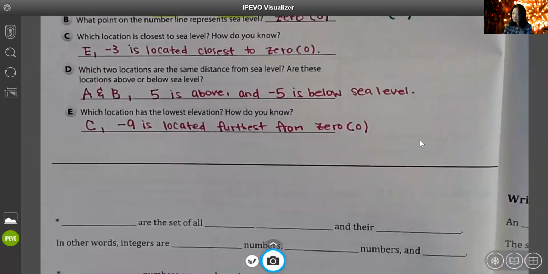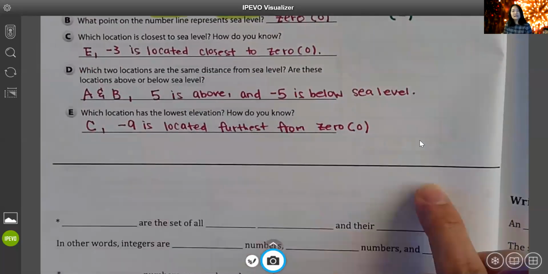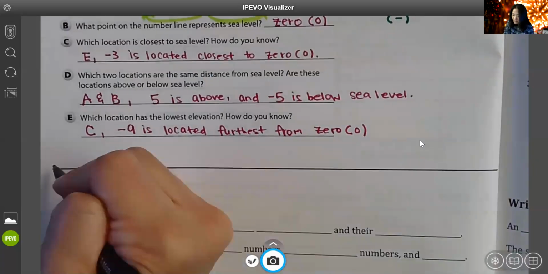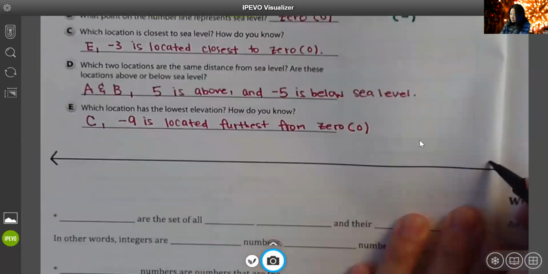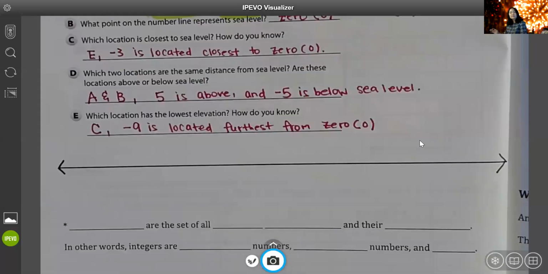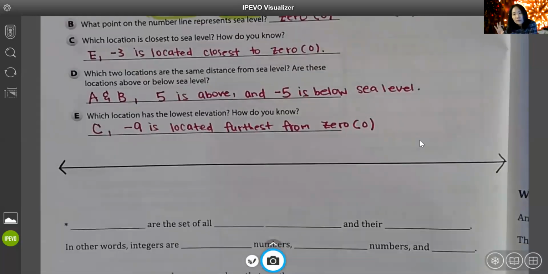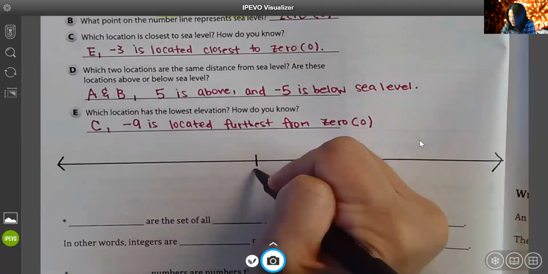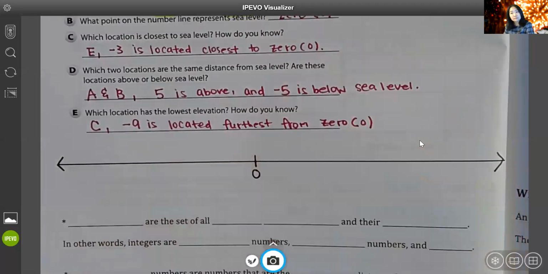So over here, you see a line. That line is not there just to separate the top and the bottom. It is so that we can actually practice drawing a number line. First, I would like for you to draw 2 arrows to the left and to the right. And somewhere in the middle, draw a dash, and we'll call that 0.